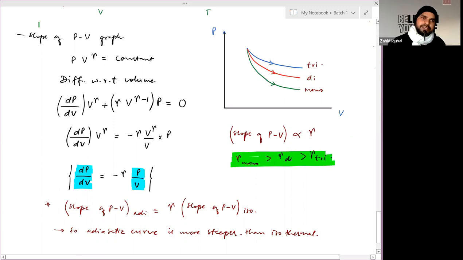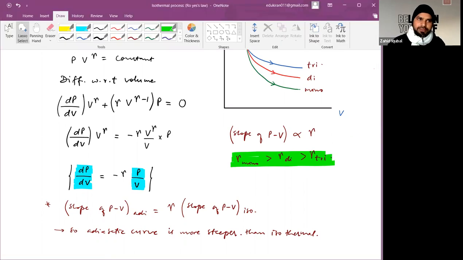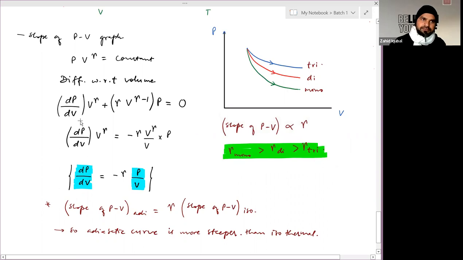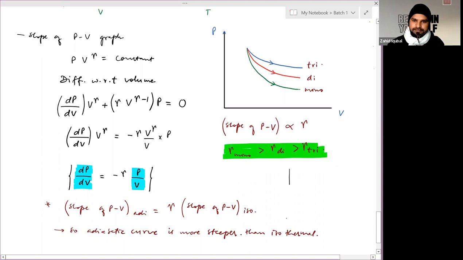Similarly, in case of isothermal and adiabatic, if you have to compare these two curves also. This is pressure versus volume.